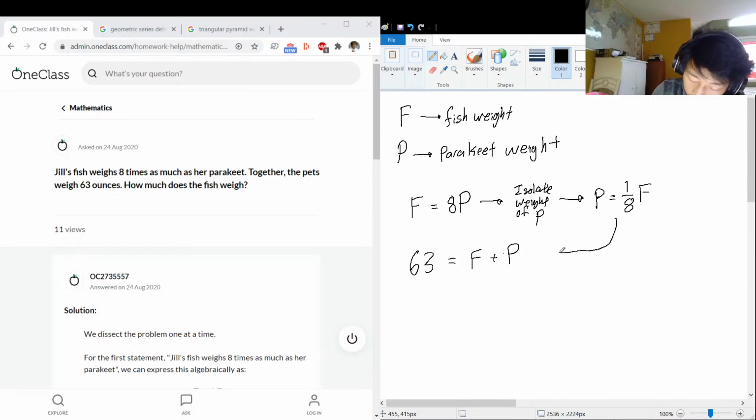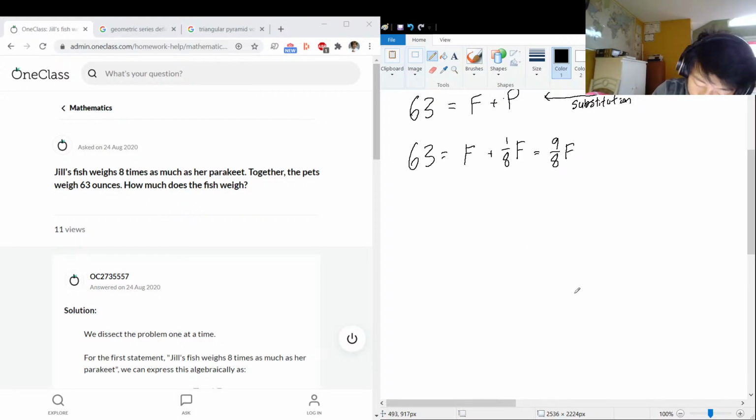We can sub that into here. So 63 is the weight of the fish plus the weight of a parakeet, which is 1/8 of a fish. We can actually add these together. So that's going to be 9/8 fish is equal to 63 ounces.